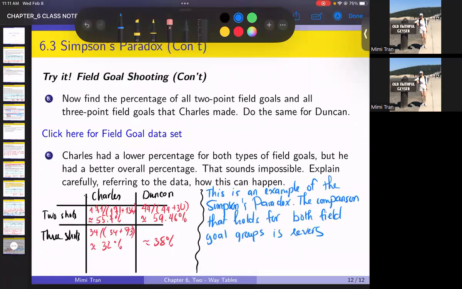Remember this characteristic of the Simpson paradox: the result reverses when combined into one group. That'll be part A.